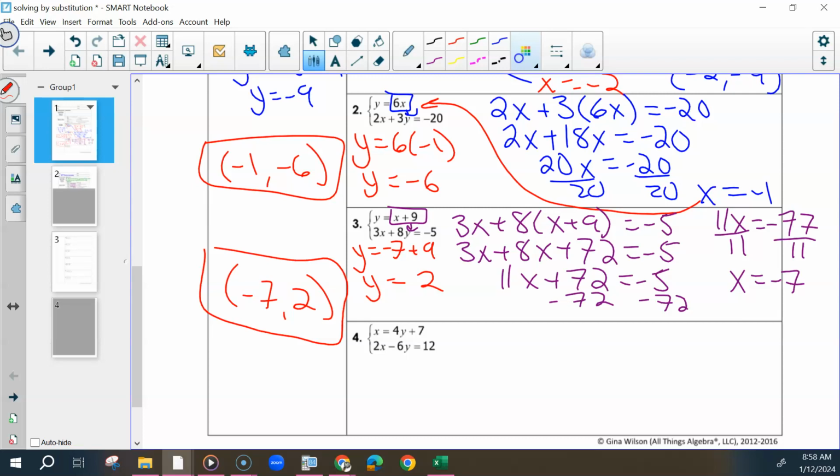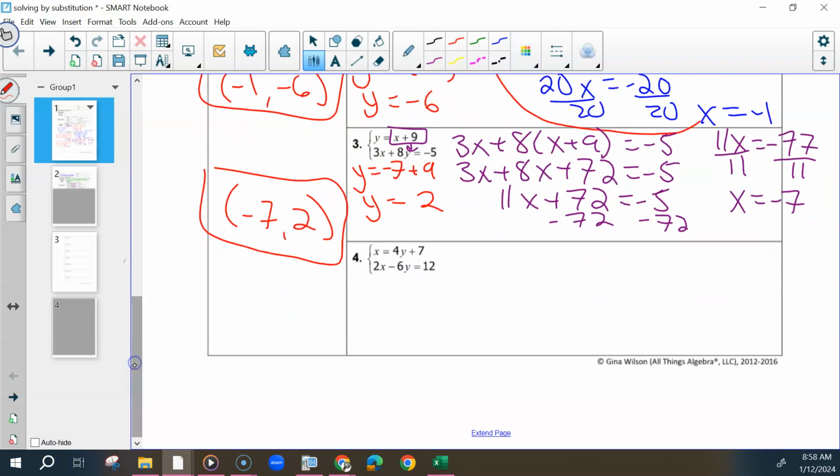What's different about number 4? We don't know what y is, but what do we know? What x equals. As long as you have one of the equations solved for x or y, it doesn't matter.